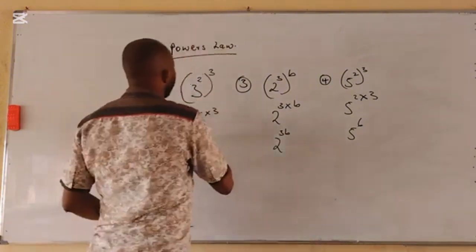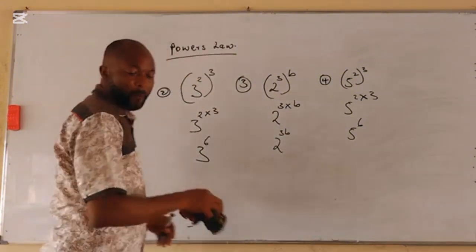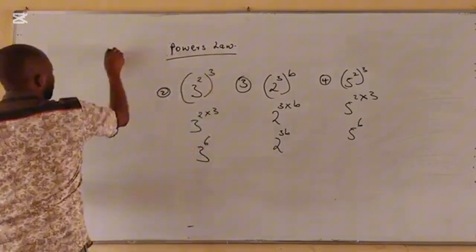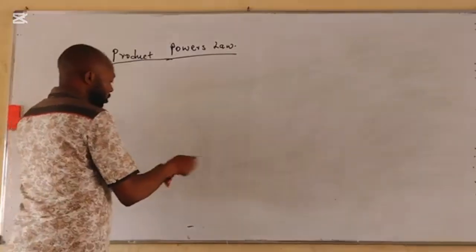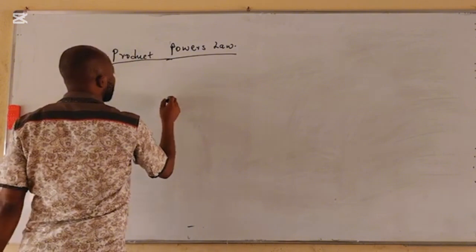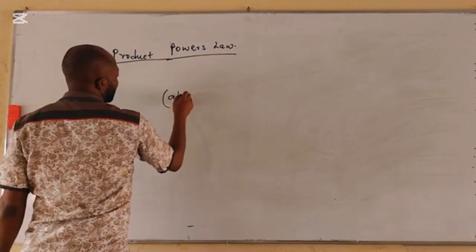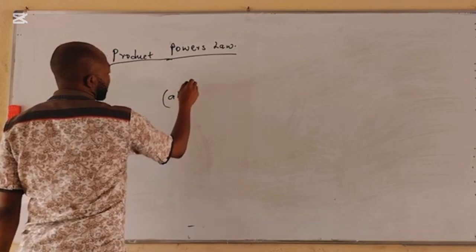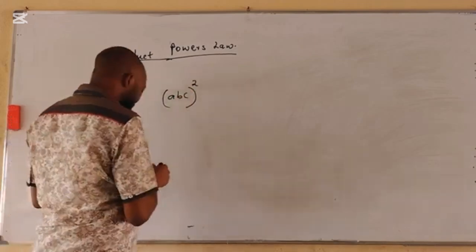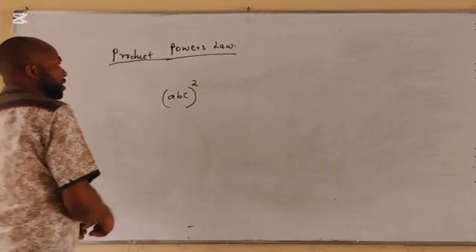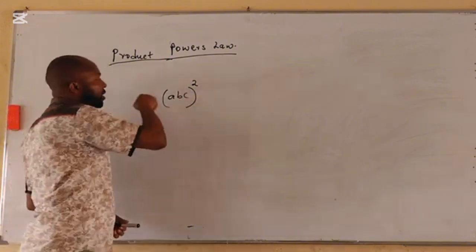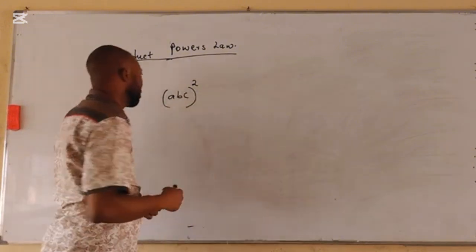This is the product power law. When the product of different factors, let's call them a, b, c, is raised to a certain power, the power is distributed evenly to the various variables in the bracket.